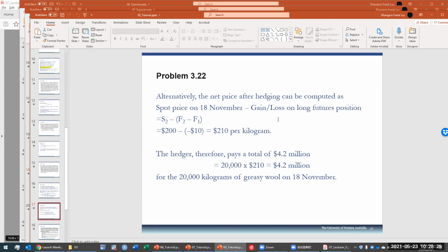If you are shorting something, remember this is the price you receive, so that number has to be plus. That will be S2 plus F1 minus F2. Again, that looks different. Overall, you're paying $210 per kilogram, coming from the 20,000 contract.